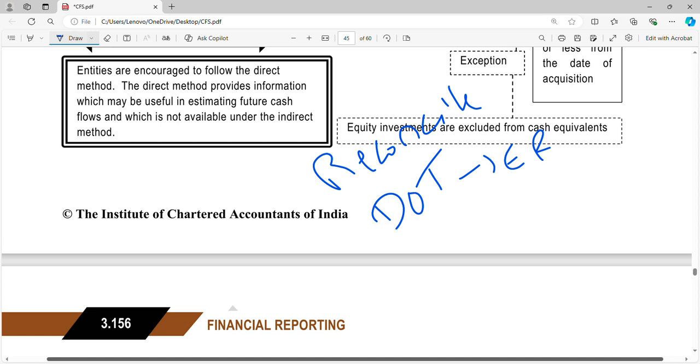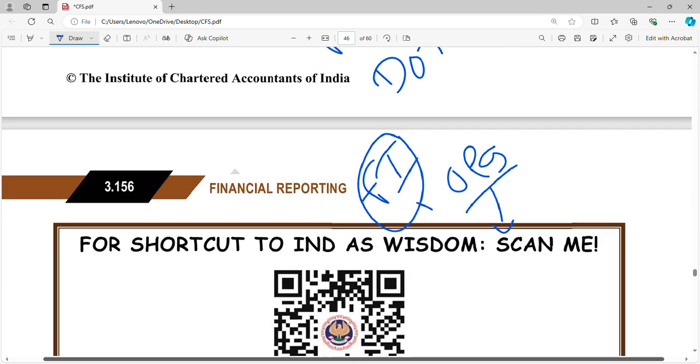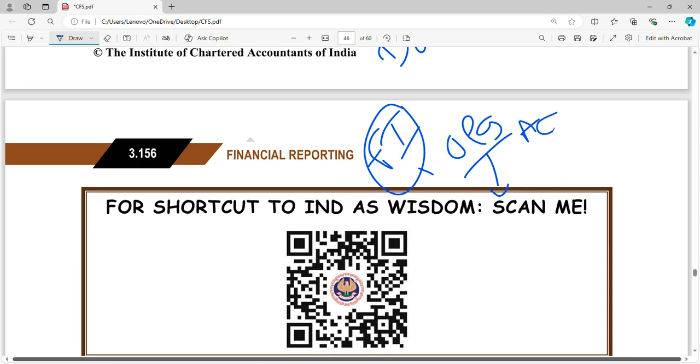If the entity is a financial institution like banks, NBFCs, etc., then the cash flow will have some special focus items, which mainly come under operating activities. For example, loans given to customers will come under the operating activity, and loans repaid by the customer also come under the operating activity.